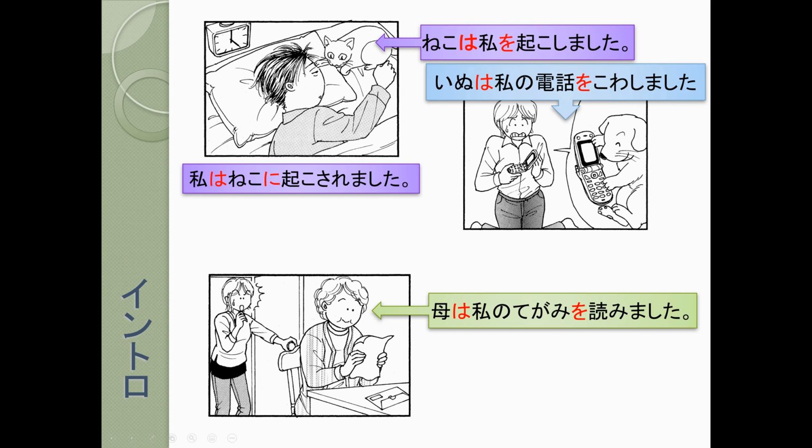Now, if we want to change the sentence to passive, we have to pay attention a little bit to the particles. So, 私は猫に起こされました。So, I was woken up by my cat. 私は猫に.